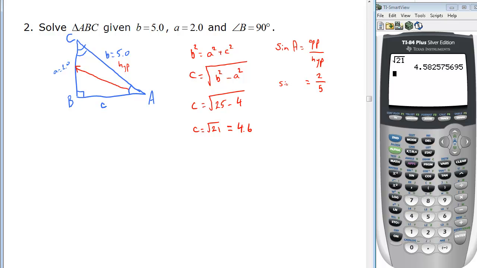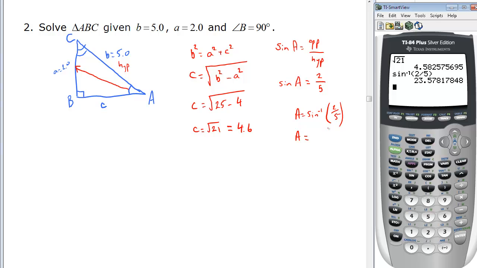Sine of A is 2 over 5, which means A is going to be the sine inverse of 2 over 5. Let's go back to our calculator, sine inverse 2 over 5, and that is 24 degrees, because again, two significant digits.